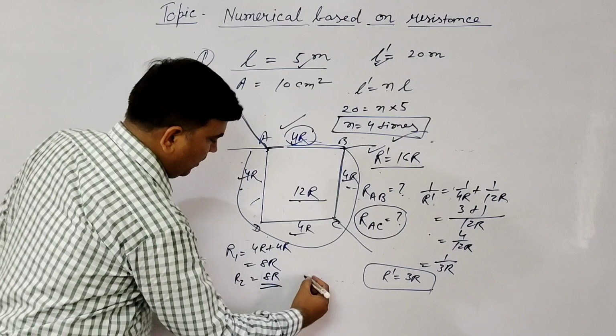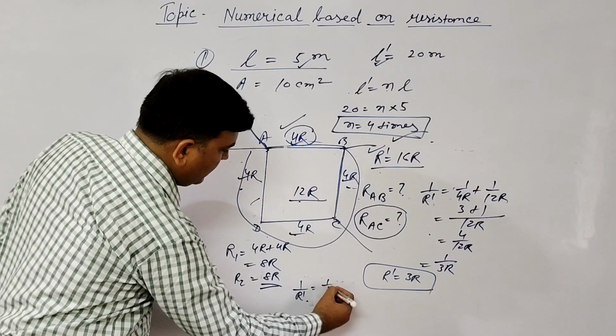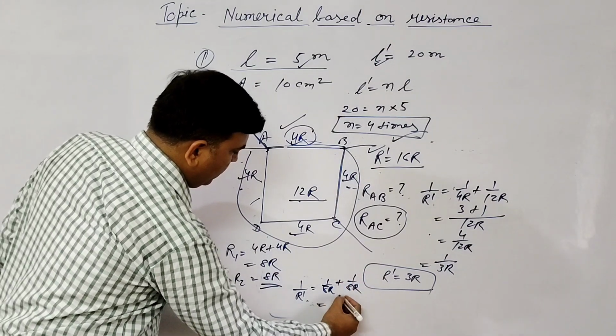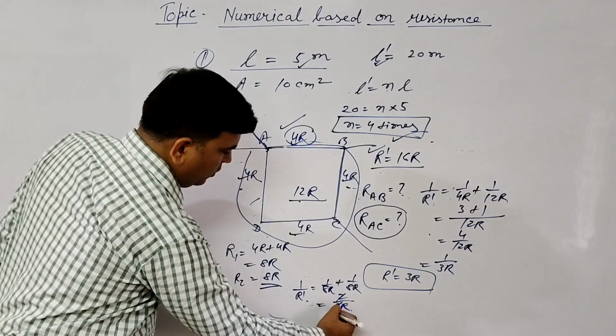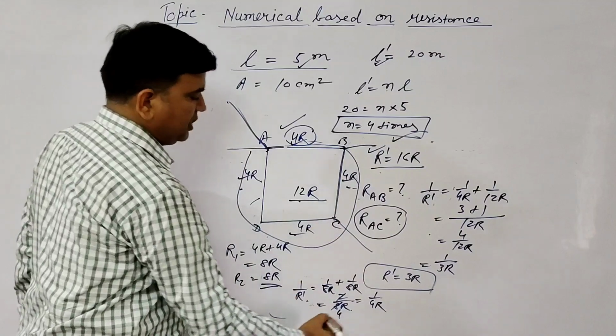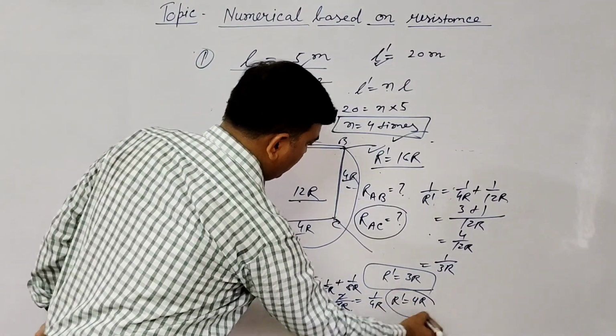And now apply the formula for the parallel combination. 1 by R dash equals 1 by 8R plus 1 by 8R, which is equal to 2 by 8R. 2 ones are 2, 2 fours are 8. It is equal to 1 by 4R, and the resistance becomes R dash equal to 4R.